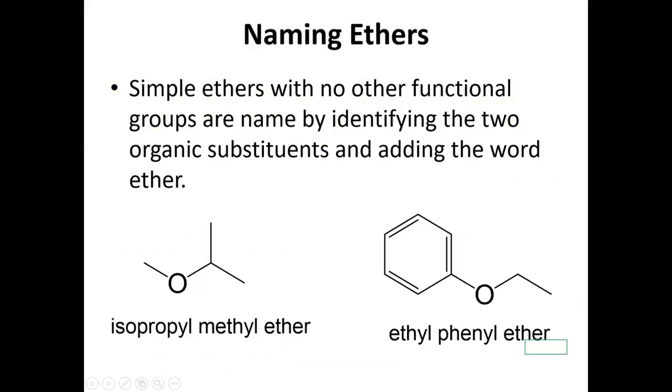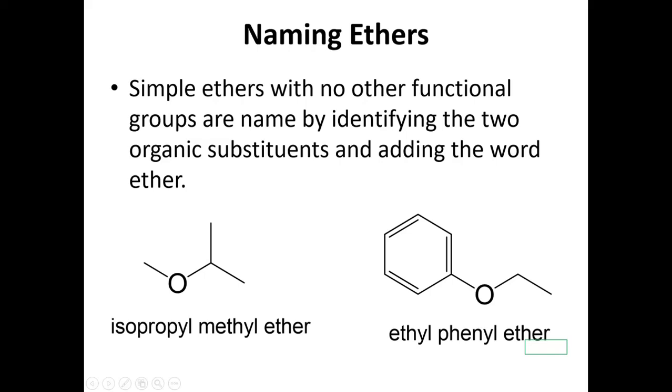For naming ethers, simple ethers with no other functional groups are named by identifying the two organic substituents and adding the word ether. Okay, you have here isopropyl. Why? Because here is 1 carbon, 2 carbon, 3 carbon. So this formation is just like a V structure.